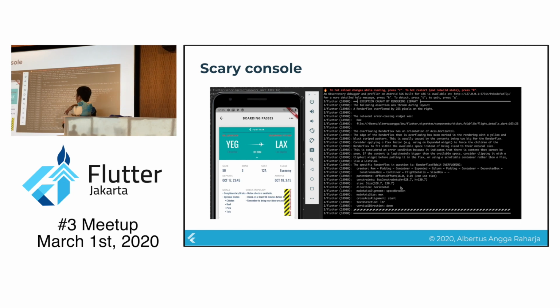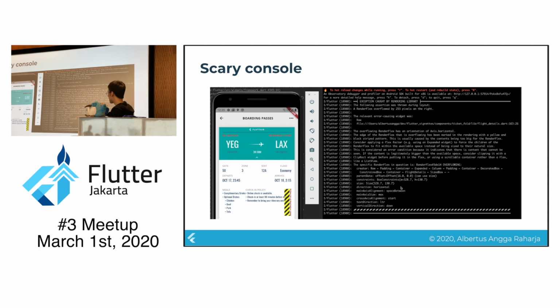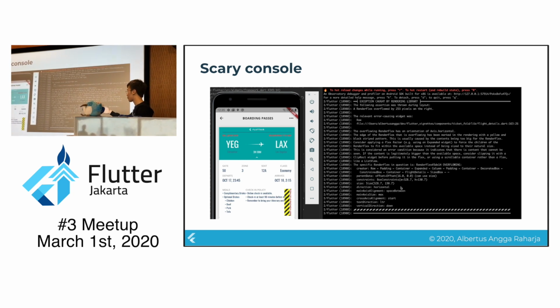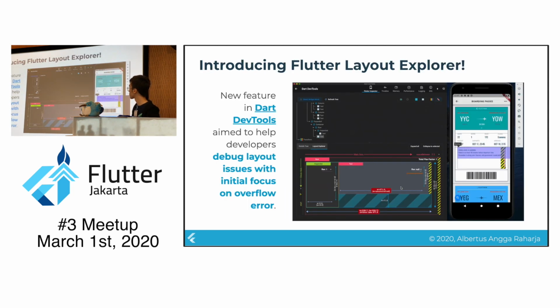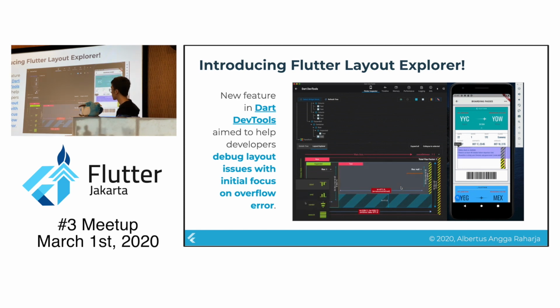Because when you see this kind of thing in your UI, maybe you will start to question why this happens, and then you will see the console. Wow, this is a lot of messages. It's a bit scary to debug if you are still a beginner. And it brings us to Flutter Layout Explorer. Flutter Layout Explorer is my internship project at Google.